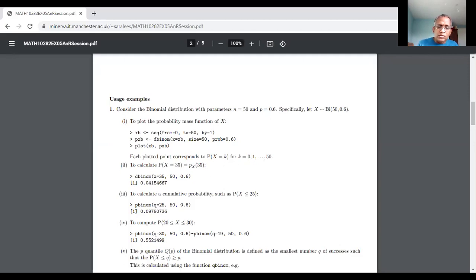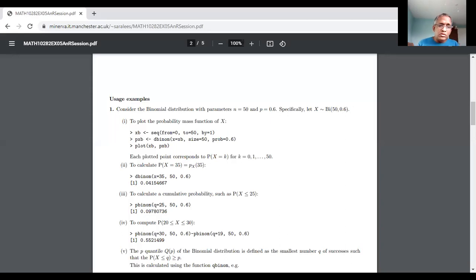If you like, you can join them up using, so if you say type equal to L, it will join the points together, and you get this nice looking probability mass function for a binomial with parameters 50 and 0.6, right?